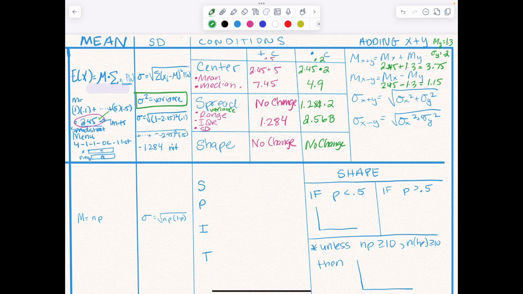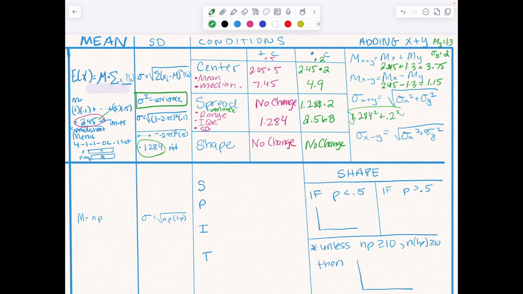So for the standard deviation of x plus y, notice I'm squaring the standard deviations, which gives the variances, and adding them. The standard deviation of x was 1.284, so 1.284 squared, plus this one is 0.2 squared, because that's my y, and then take the square root.